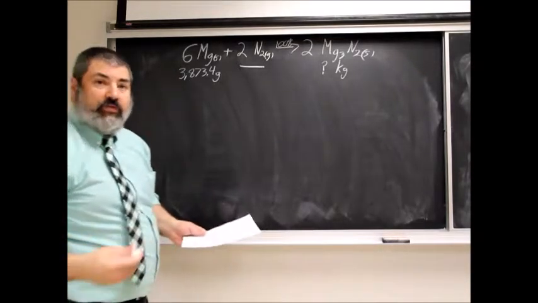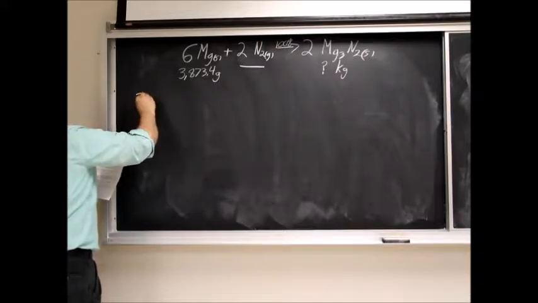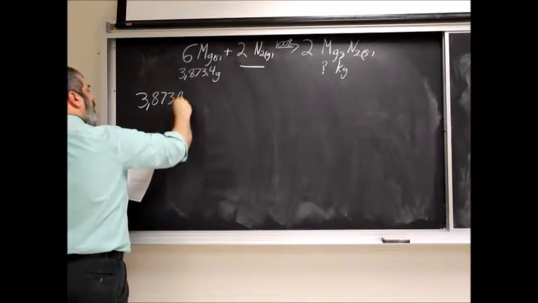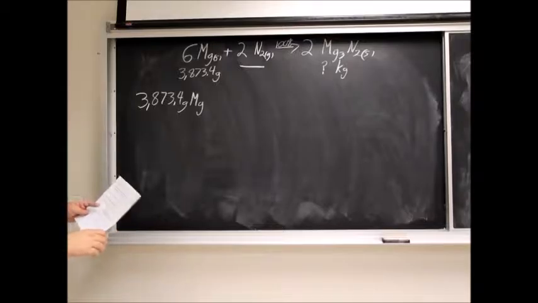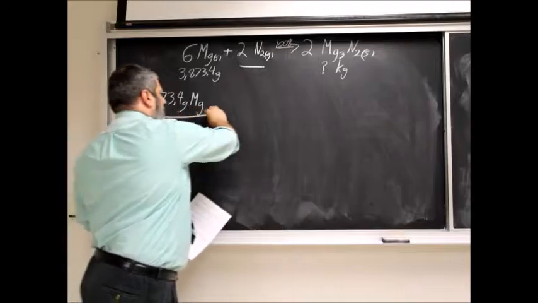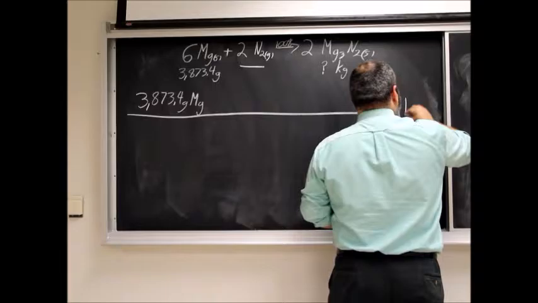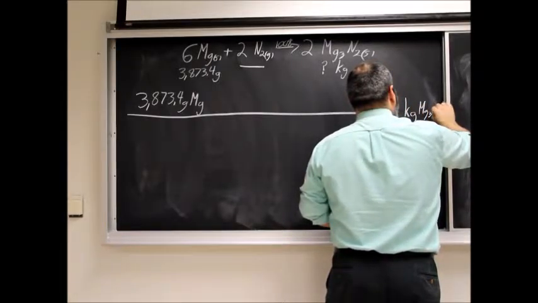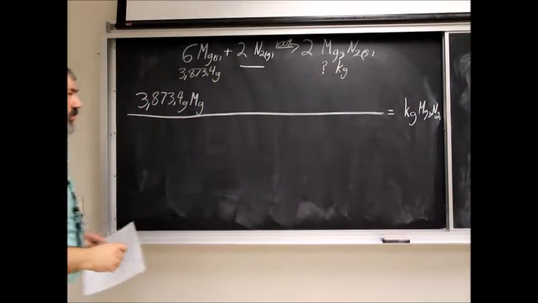Okay, so again, this is a factor label, a dimensional analysis type problem. So 3,873.4 grams of magnesium is going to equal some value in kilograms of magnesium nitride.